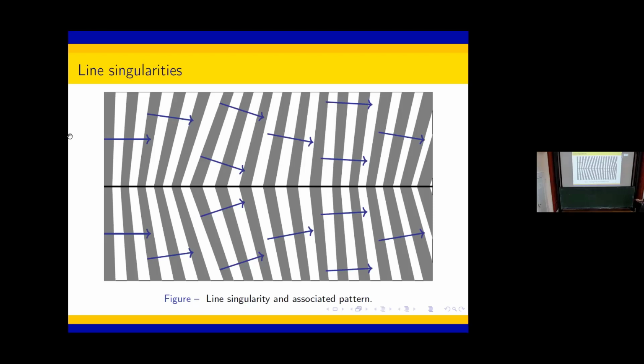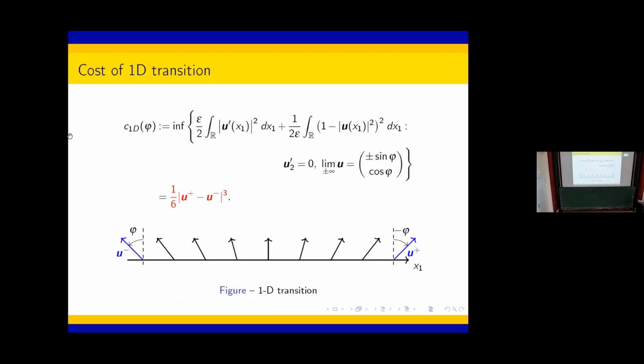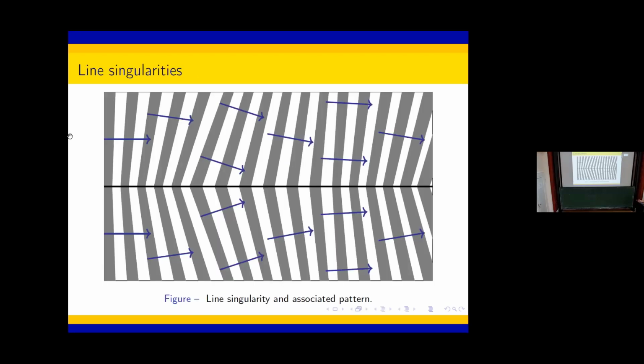And so the question is about the cost of such a jump when epsilon goes to 0. Here I made a mistake: x1 is the direction. In the next slide, I switch. Okay. So x1 is the next direction.